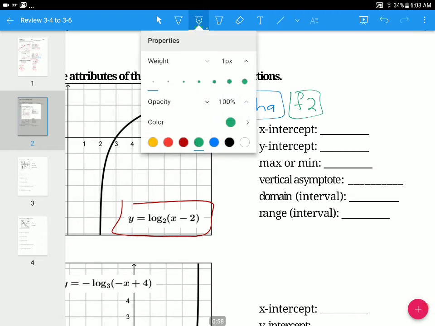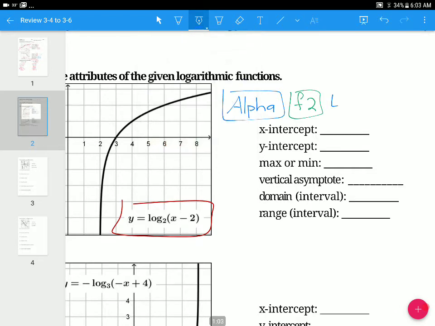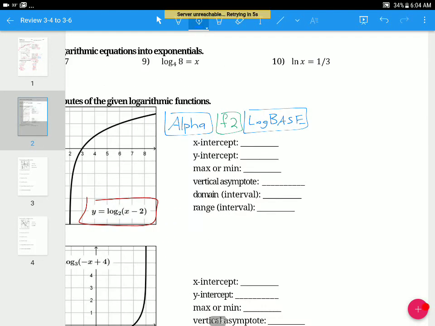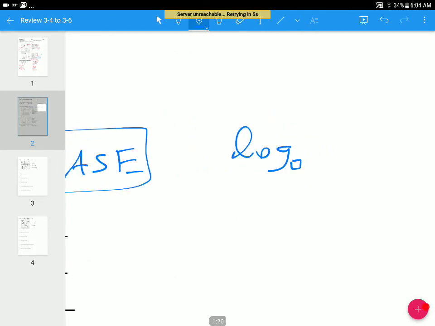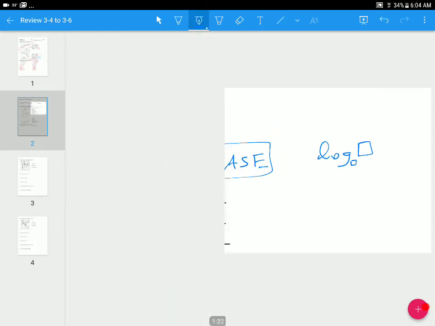And then we want the one that says log. It looks like L-O-G, then base. And it'll print something on your screen that looks like this: log, with a little box down here and a bigger box right there.